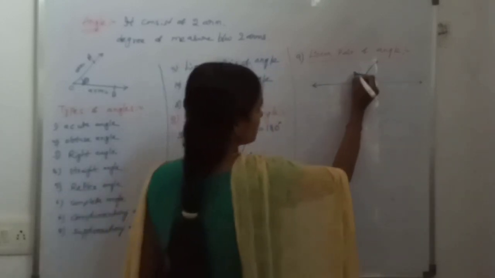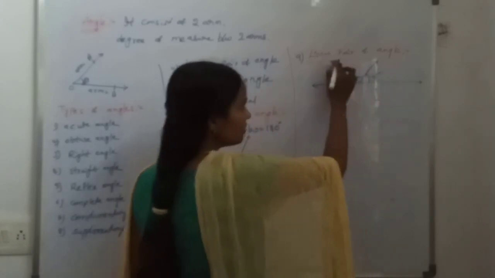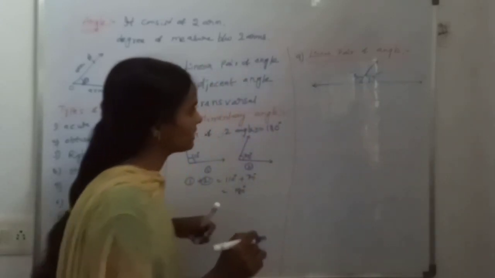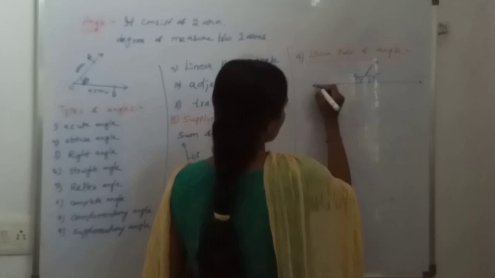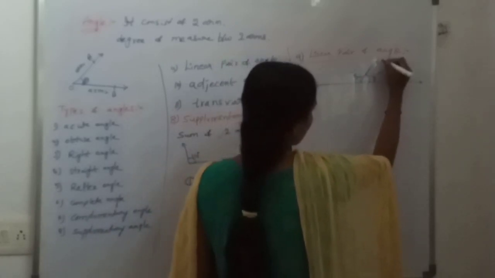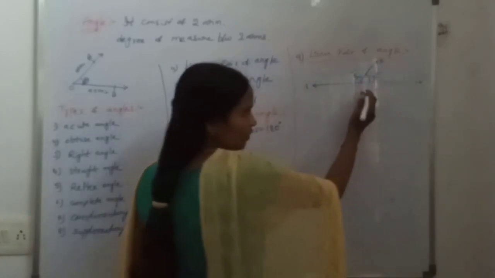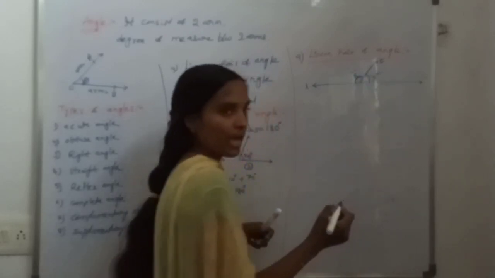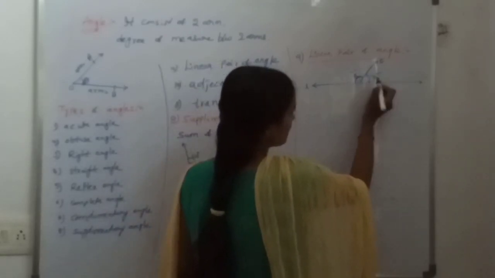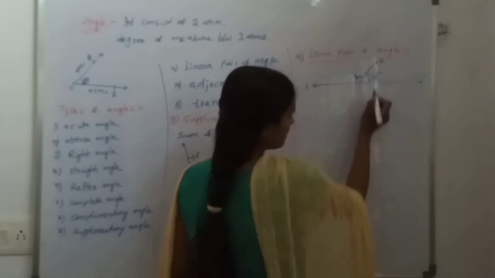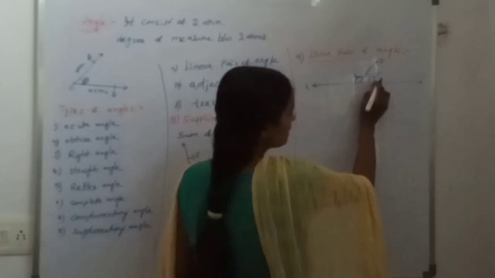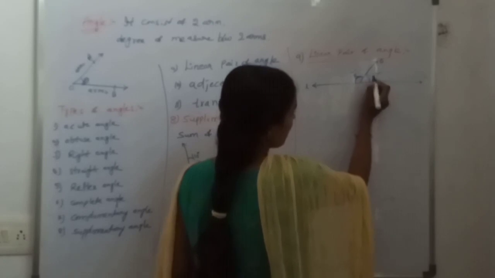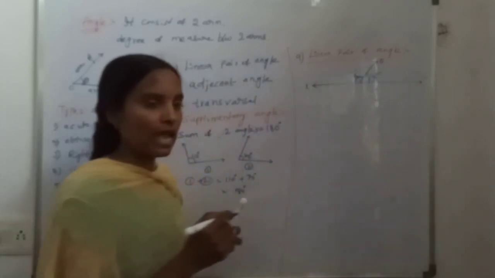Here x and y are the linear pair of angles. It is the straight line M and the ray O. Here one angle is named x and the other angle is named y. So x and y are the linear pair of angles.